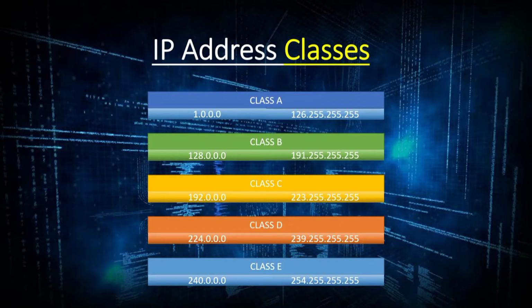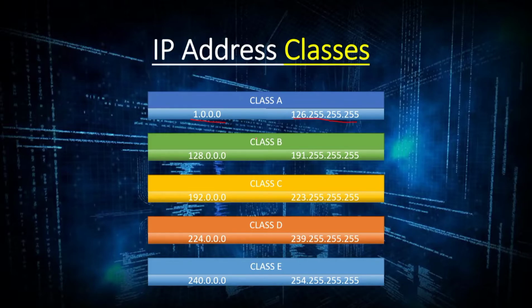IP addresses are divided into different classes based on functions: class A, class B, class C, class D and class E. Class A has a range from 1.0.0.0 to 126.255.255.255.